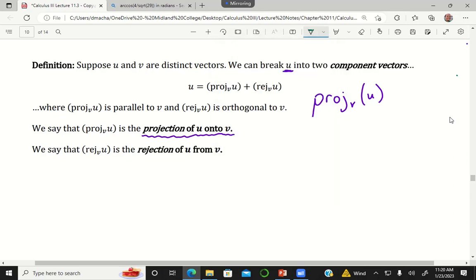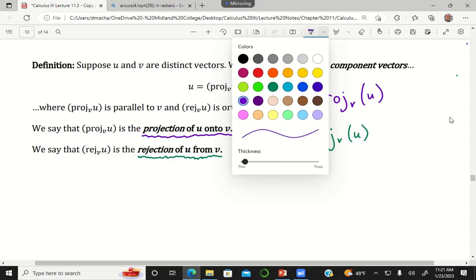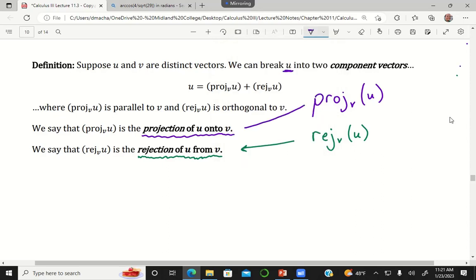Then when you see the letters r, e, j, that abbreviation is short for the word rejection. And the little subscript v, once again, is talking about my vector v. So we're talking about the rejection on v of my vector u, and so this altogether would be the rejection of u from v. I know this is a lot to copy down, and this is probably not anything you've ever seen before.